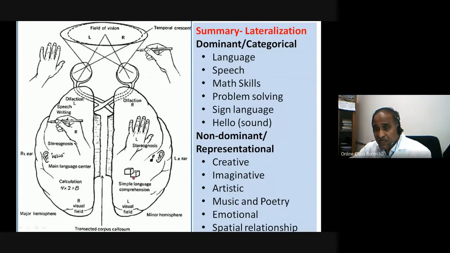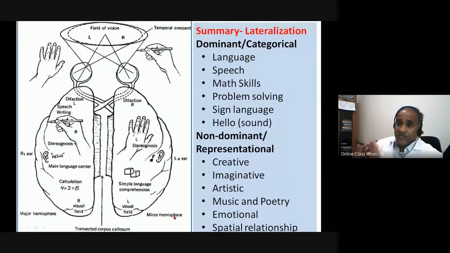This is the spatial relationship I am trying to look at. So that means it will detect the imaginative aspect, the musical aspect, the spatial aspect, the simple language, and other emotional and creative components of the minor hemisphere.